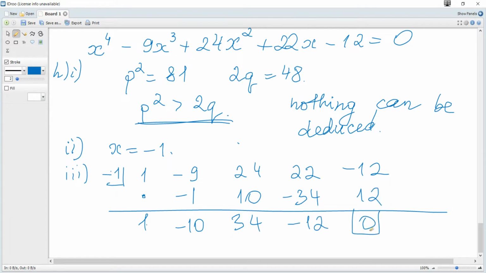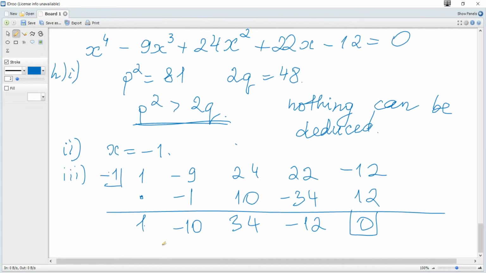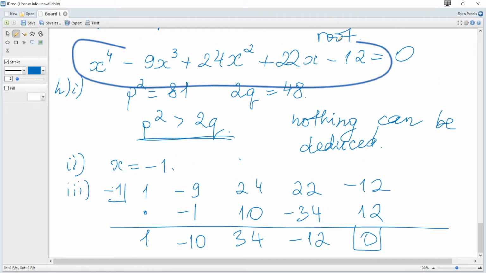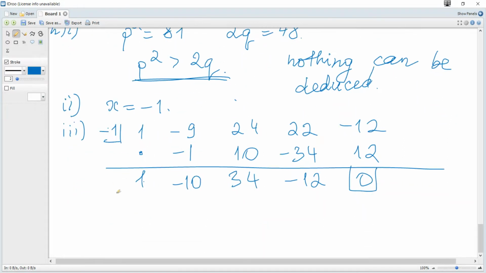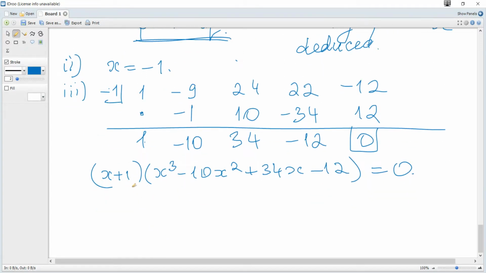It's the remainder, it must be 0, because -1 is the root, and hence this polynomial becomes x plus 1 multiplied by x cubed minus 10x squared plus 34x minus 12, and it is equal to 0, and it's the real root -1.